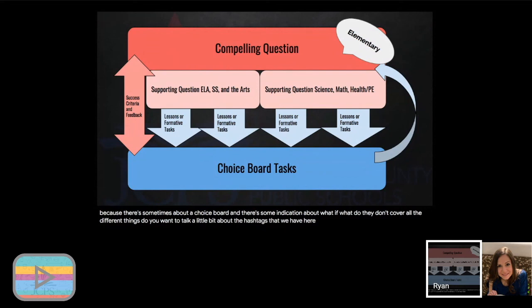So we have this common compelling question. We have the supporting question that might be interdisciplinary with multiple tasks and lessons underneath it. And then the same thing where students have these performance tasks that are then answering the compelling question, and they have a summative performance that's showing their cumulative understanding of all of those standards and big ideas that they've been engaged in.